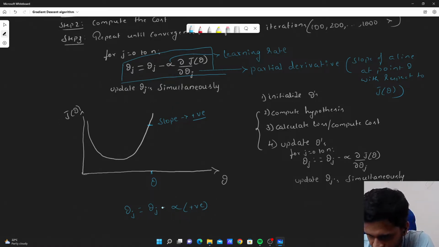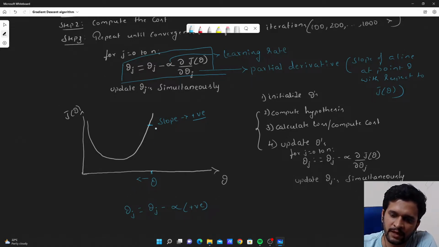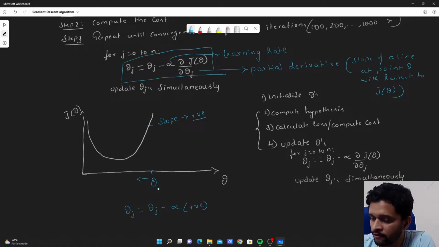Since we are subtracting some positive value from this theta, this theta will be moved towards the left side. So depending upon the slope of the line, the theta will be moved either towards left or towards right. Why are we moving towards left or right? Because we have to reach this particular point wherein the cost is minimum.